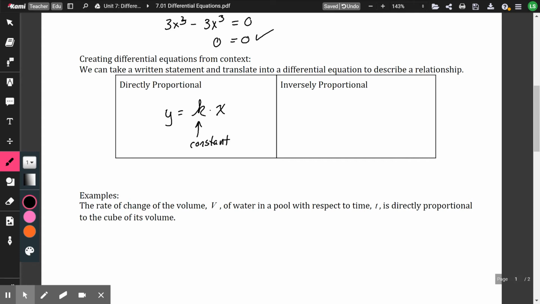For an inverse relationship, one of those amounts is getting larger while the other one is becoming smaller. So we're going to set up a fraction for this one with k over x, where k is that constant, to represent how, while one amount gets larger, the other amount is going to get smaller.